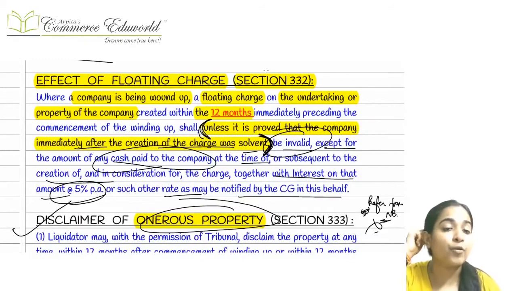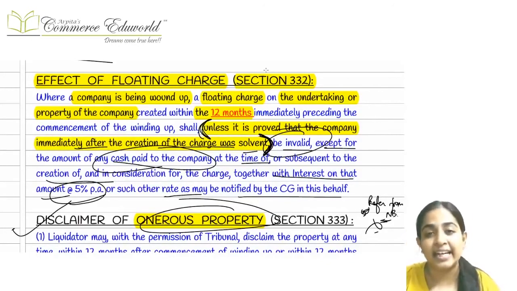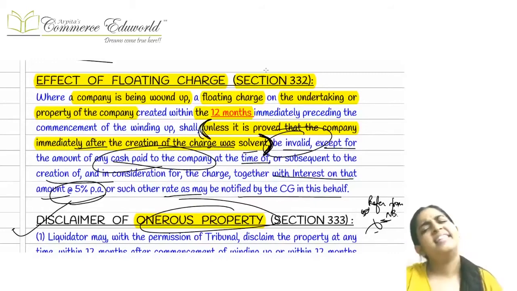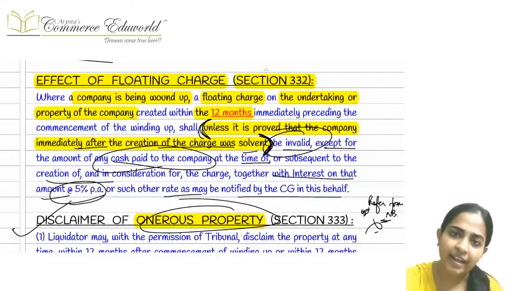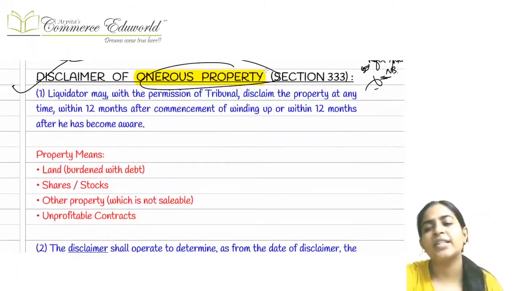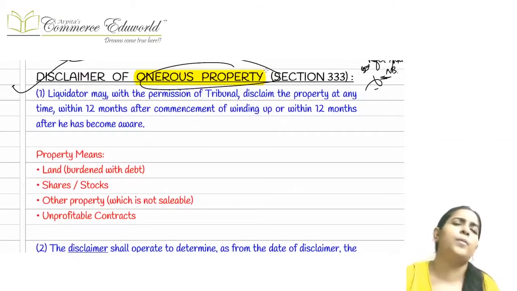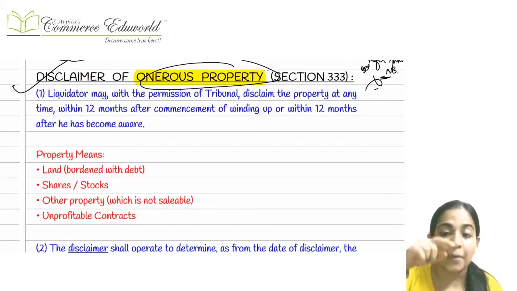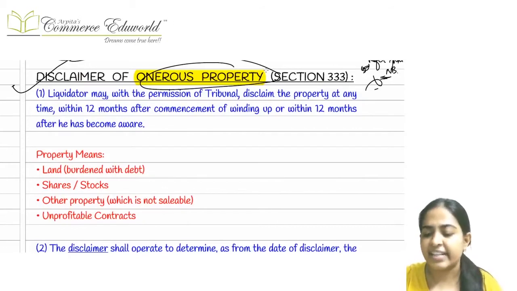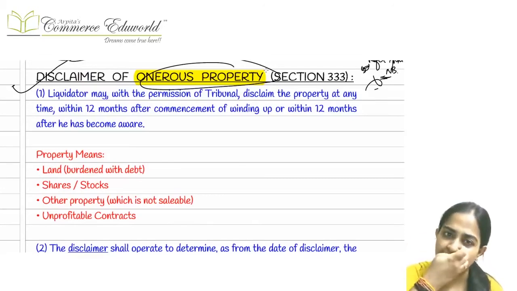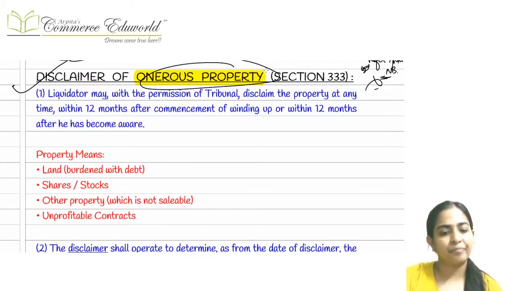But if the company proves that at the time when the charge was created, the company was solvent, then the charge will be treated as a valid charge. Basically, they are trying to say that if the charge was created in good faith, then no problem. But if the charge was created when the company was insolvent, then that charge will be treated as invalid, but the money of the creditor will be secured, the principal amount plus the 5% interest per annum. This amount he is 100% going to get.